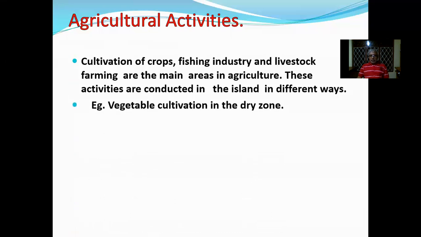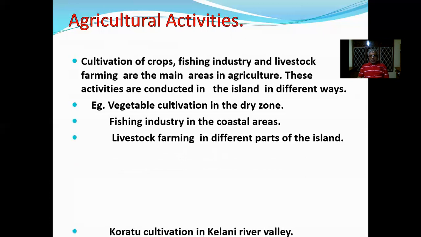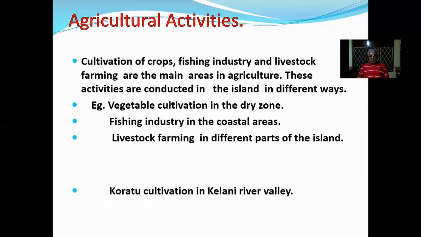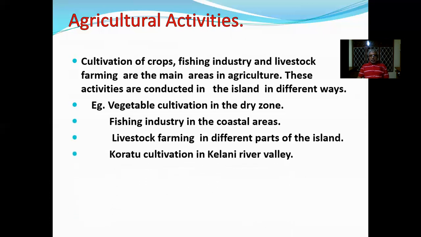Vegetable cultivation in the dry zone, fishing industry in the coastal area, livestock farming in different parts of the island, Koratu cultivation in Kalani River Valley. That is also very important because if you are living in the Kalani Valley area or close to Kalani River, you know what Koratu cultivation means.